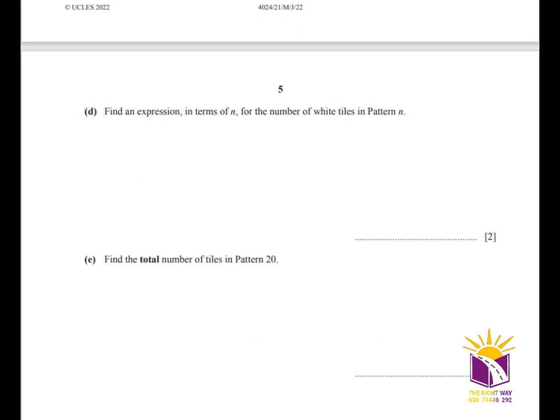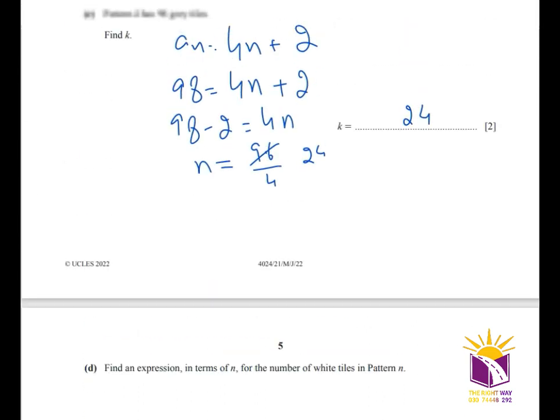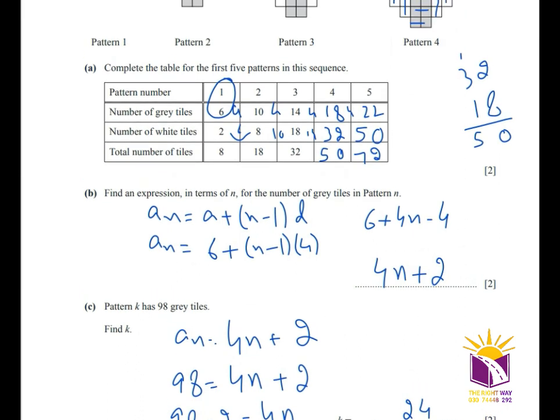Now we have to find an expression in terms of n for the number of white tiles in pattern n. So there is not a sequence for the white tiles because we have added 6 in the first one, 10 in the second one, 14 in the third one, and 18 in the last one. So it is not a pattern. So we are going to use our pattern numbers 1, 2, 3, 4, 5, 6 and the gray pattern.